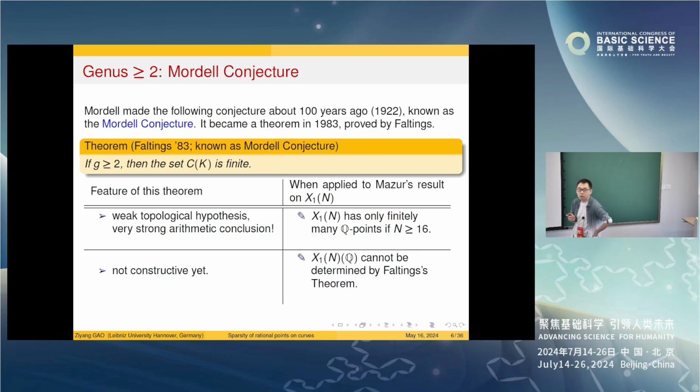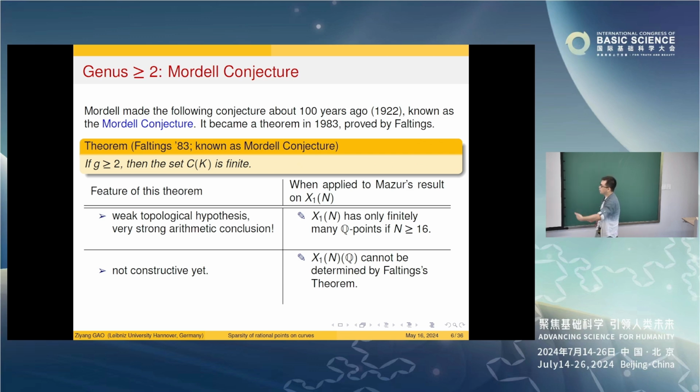What happens? Well, a guiding result in this area is the Mordell conjecture, which was made about 100 years ago. It was proved by Faltings in 1983. The theorem is really short. If the genus is at least 2, then C has only finitely many rational points. Let's have a look at the theorem.